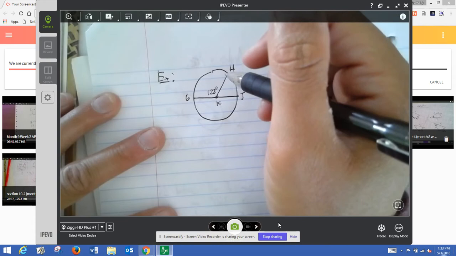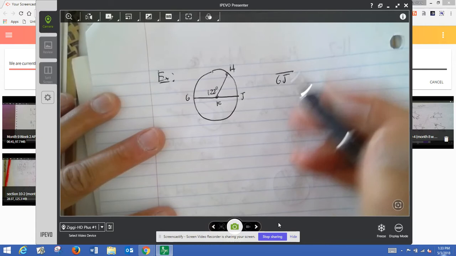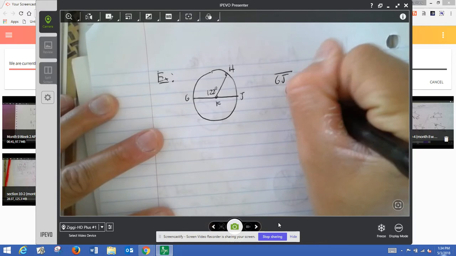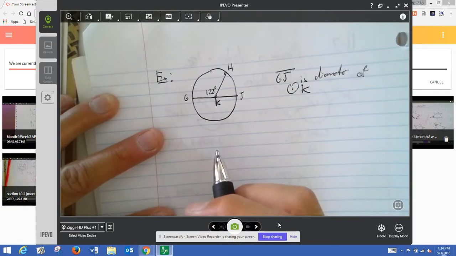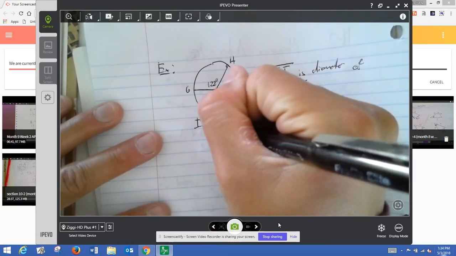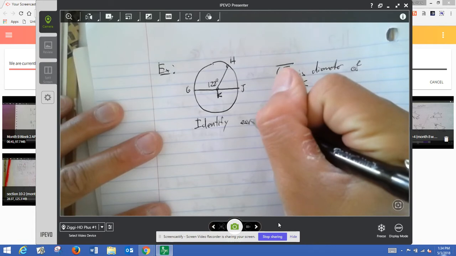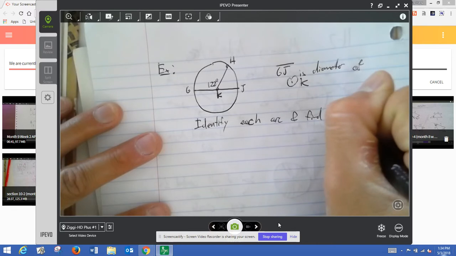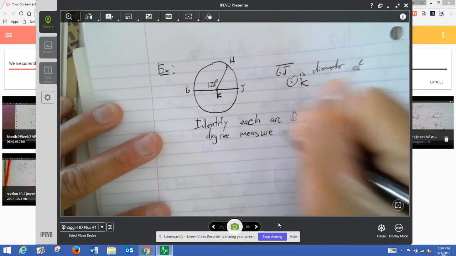And I also know that the line segment GJ is the diameter of circle K. Then you must identify each arc and find its degree measure.